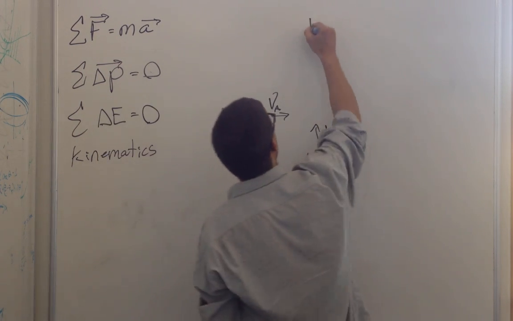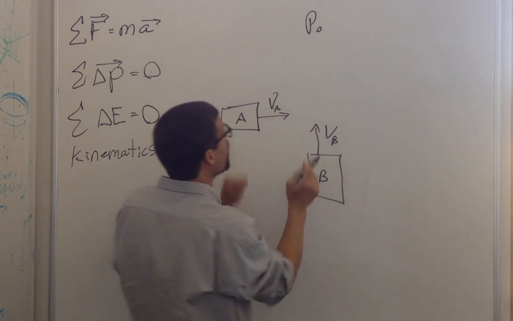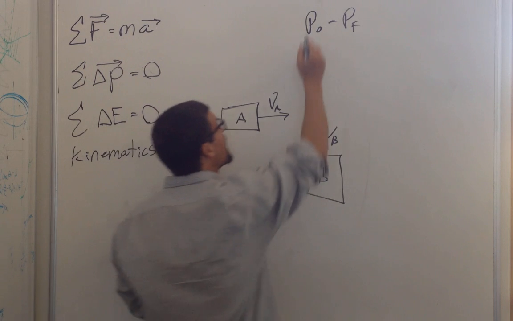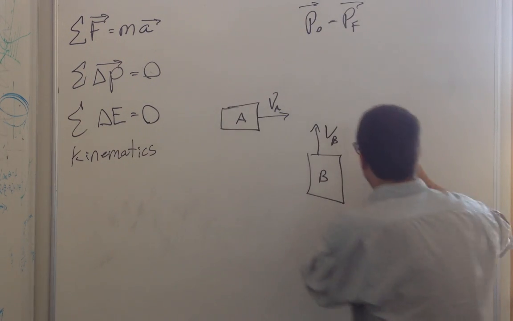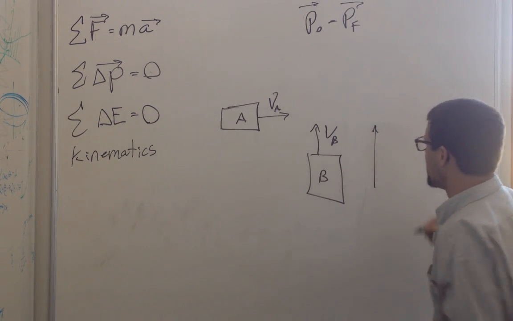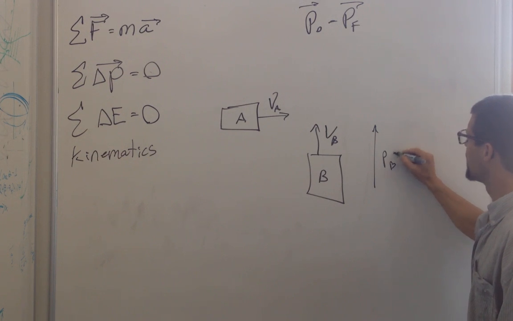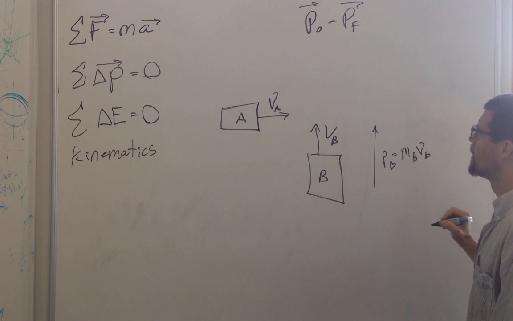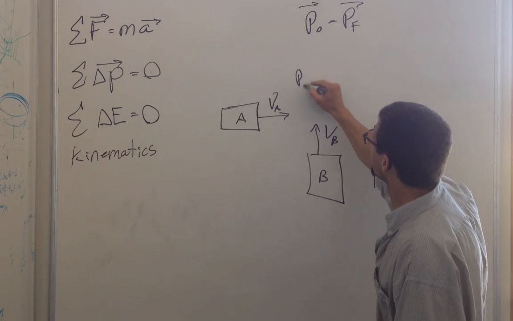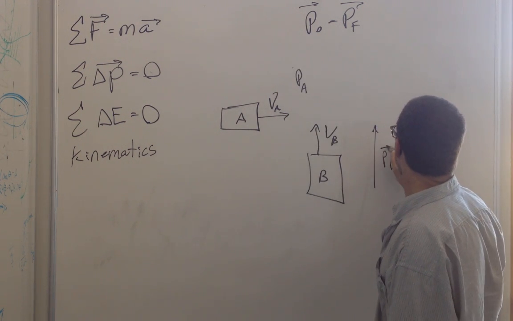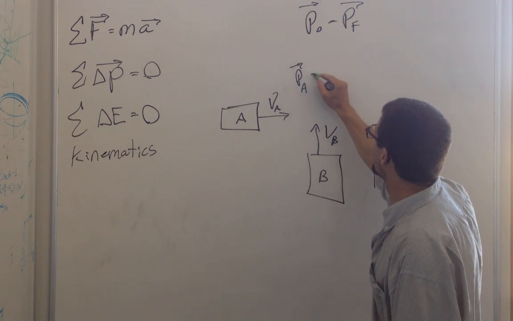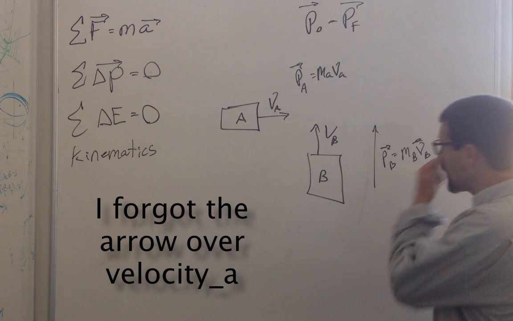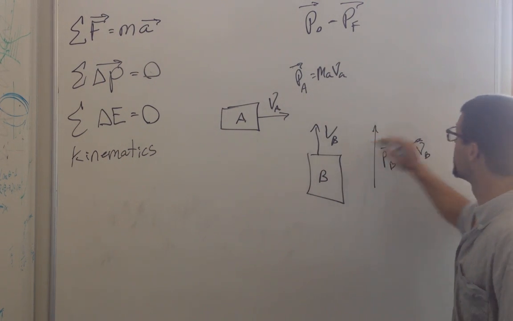Well, we know that the initial momentum, the momentum they have before the collision, must be equal to the final momentum, right? And these are vectors. So this momentum is in this direction. This is going to be momentum of B is equal to mass of B times velocity of B. And this momentum of A, these are vectors, momentum of A is equal to the mass of A times velocity of A. And the final momentum is just the sum.